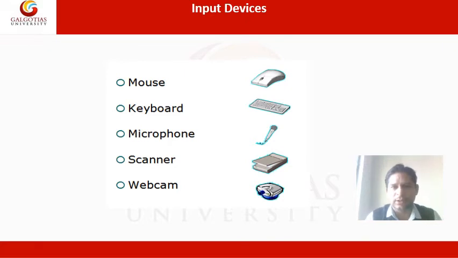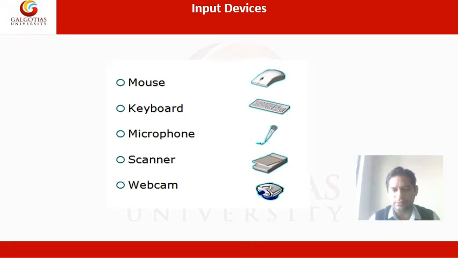So input devices can be mouse, keyboard, microphone, scanners, and webcam. All of you know the cam which we use to capture images, and then we can directly transfer those images to our computer system. CCTV cameras are there.